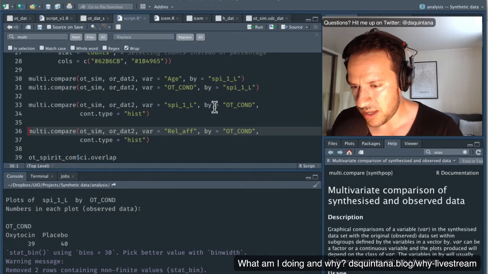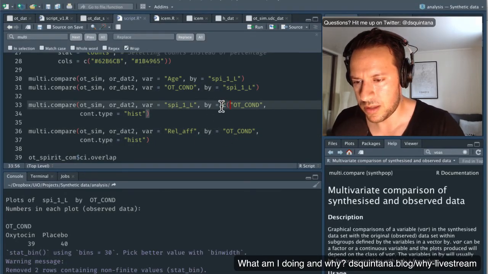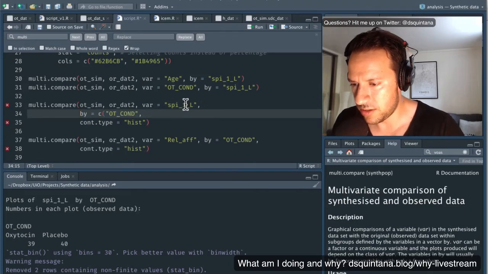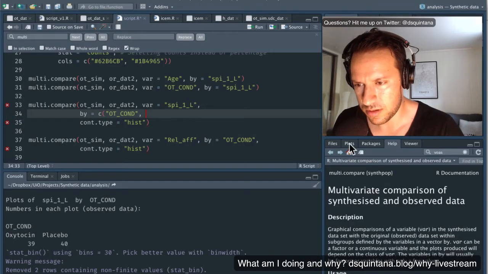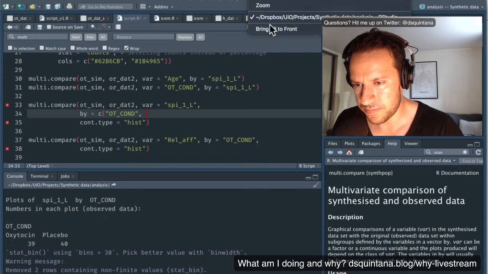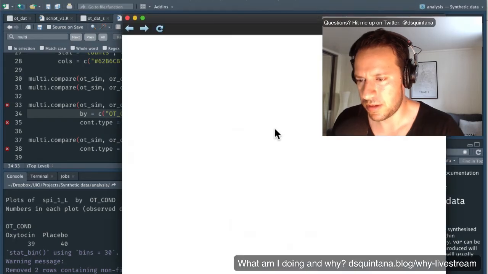So that means we can make our code a bit clearer. OT condition. Maybe not. Check it again.